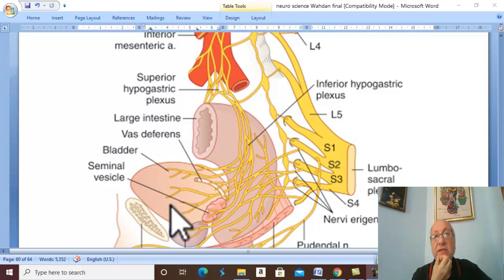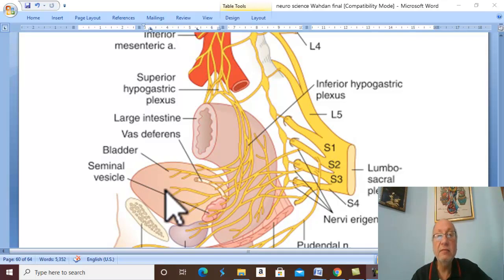Branches and distribution of the inferior hypogastric plexus. The inferior hypogastric plexus is the main autonomic supply of the pelvic organ. It gives rectal and vesical plexus.